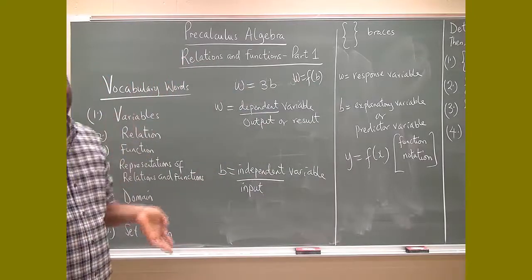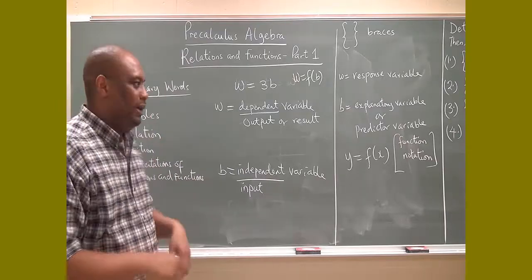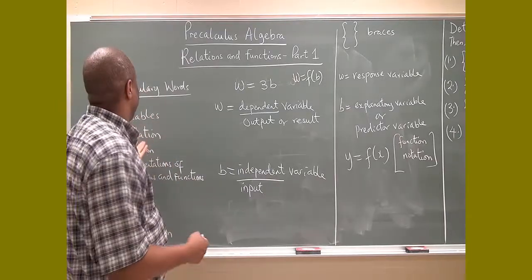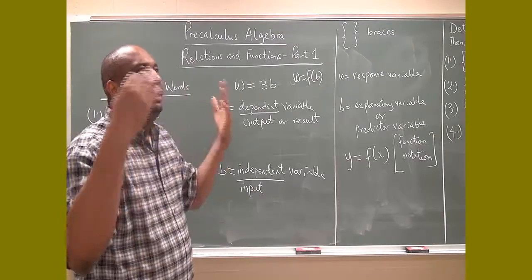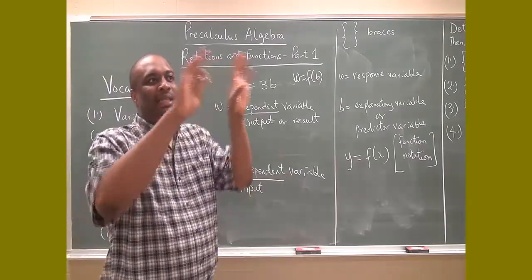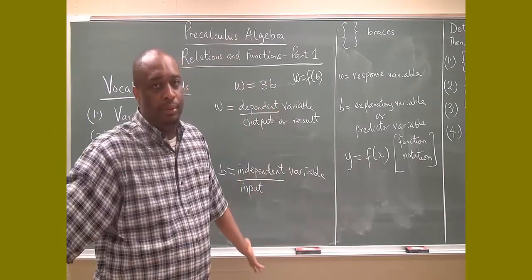The two main variables we have are dependent variables and independent variables. And we already said that a relation is any set of ordered pairs, which basically means that for every input you must have an output.